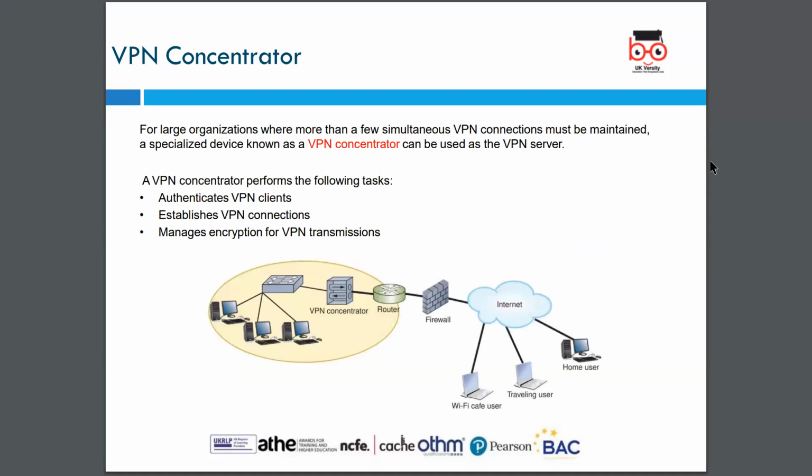Also, we have the VPN concentrator. What does this do? When it comes to a large organization, where there are more than a few virtual networks, the connections have to be maintained, and a specialized device known as a VPN concentrator can be used as a VPN server. This is very important when an organization might lack connectivity.